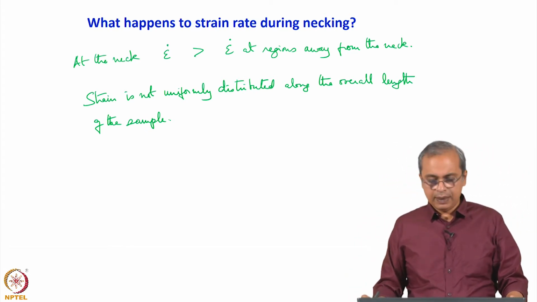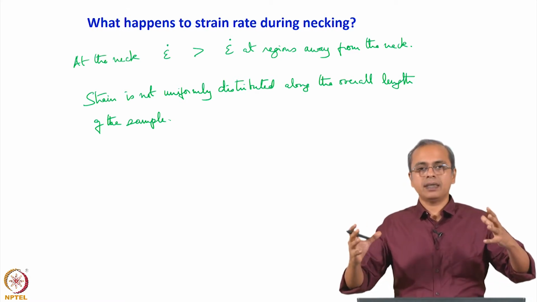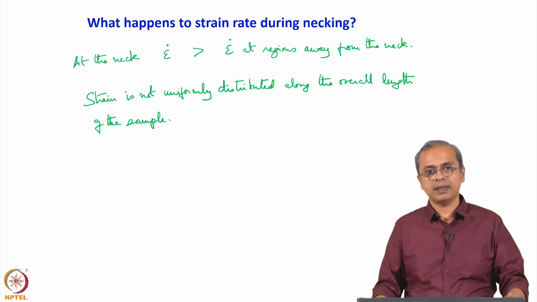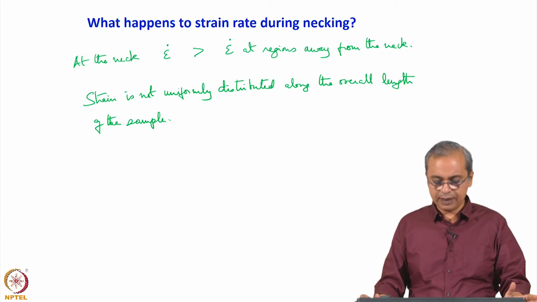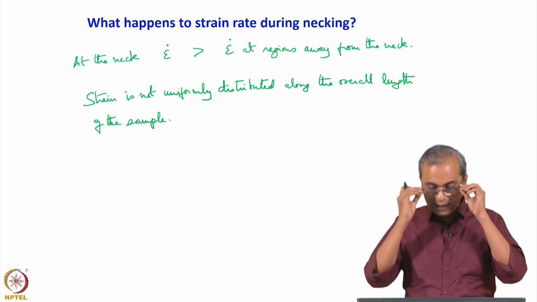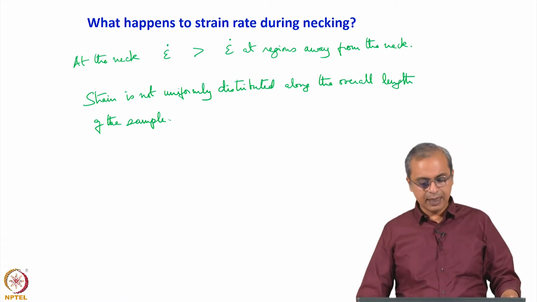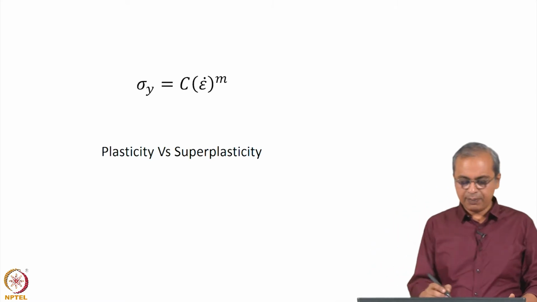Okay. So, now given that this is happening in the sample, different samples respond differently to this situation. So, you have the strain rate that is getting higher at that neck, but different samples respond differently to this situation, and that is captured by this equation.